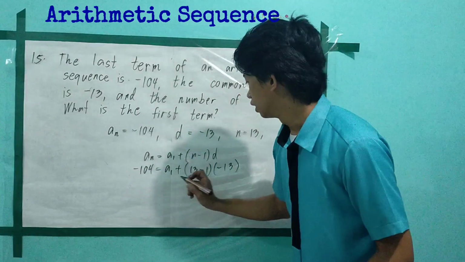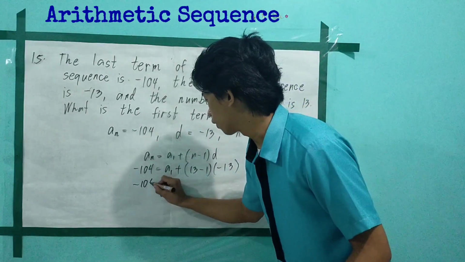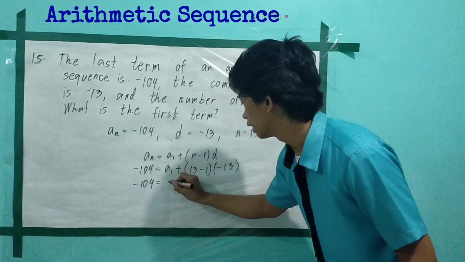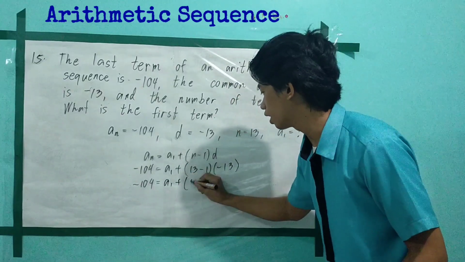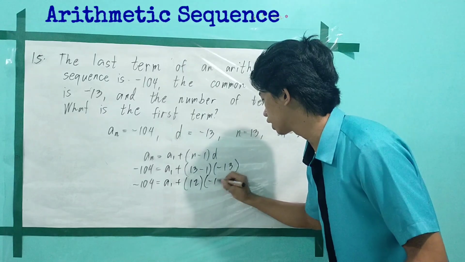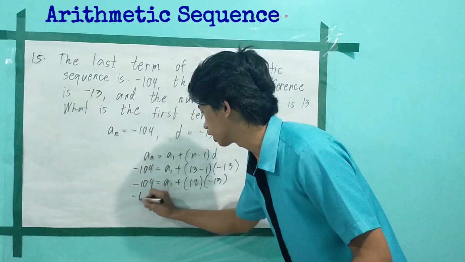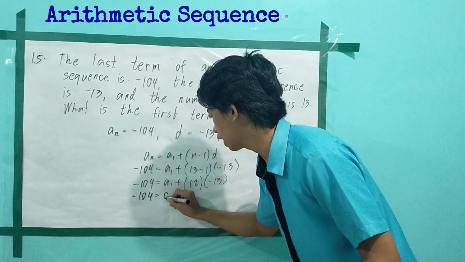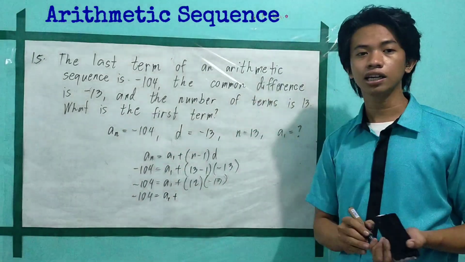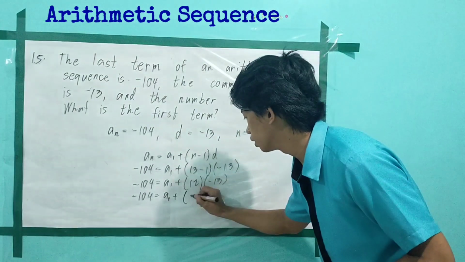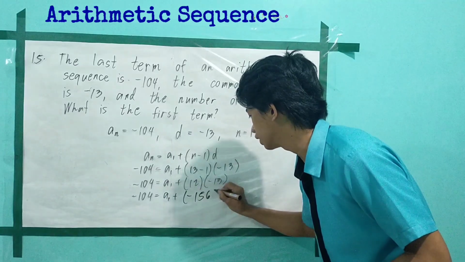Okay? So, negative 104 is equal to a sub 1 plus 13 less 1, we have 12 multiplied to negative 13. Negative 104 is equal to a sub 1 plus 12 multiplied by negative 13, we have negative 156.